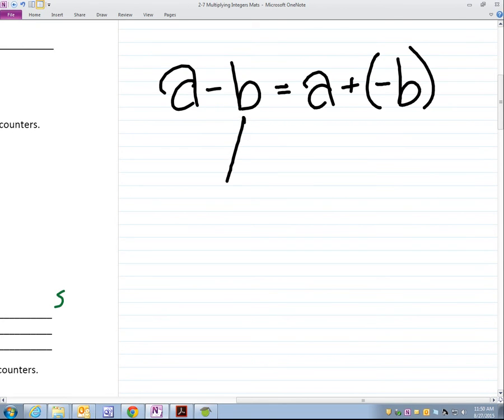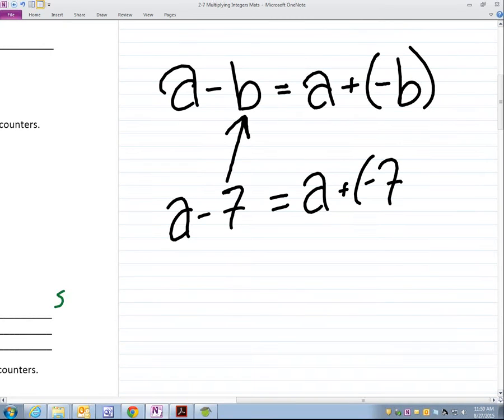So if B is a positive 7, so I have A minus 7, what is it going to be over here? A plus negative 7.